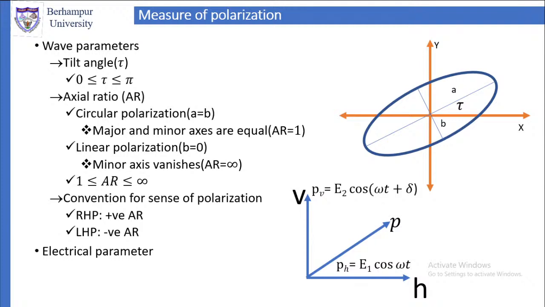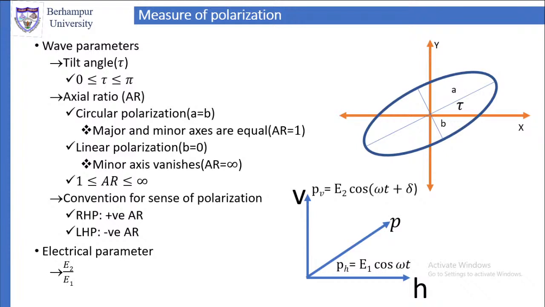So how do we define the electrical parameters now? We have defined the wave parameters, or the ellipse parameters. Now we are going to define the electrical parameters, which is very simple. The first parameter is E2 by E1 or E1 by E2, either of these two. So the first parameter is the ratio of E2 to E1. If we know E2 and E1, we can find out that ratio.